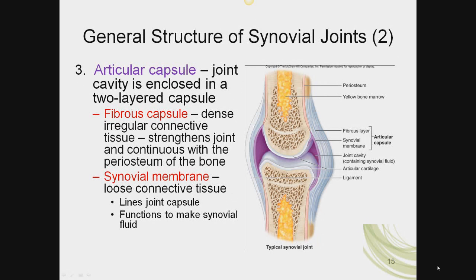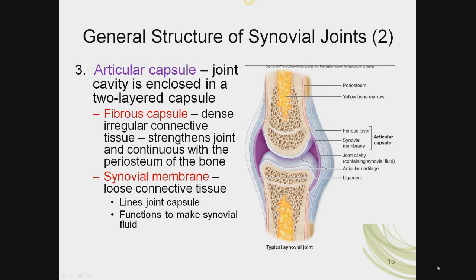The fibrous layer is formed from dense connective tissue, and it strengthens the joint to prevent the bones from being pulled apart. The synovial membrane is composed primarily of areolar connective tissue, and it covers all the internal joint surfaces not covered by cartilage, and it lines the articular capsule.